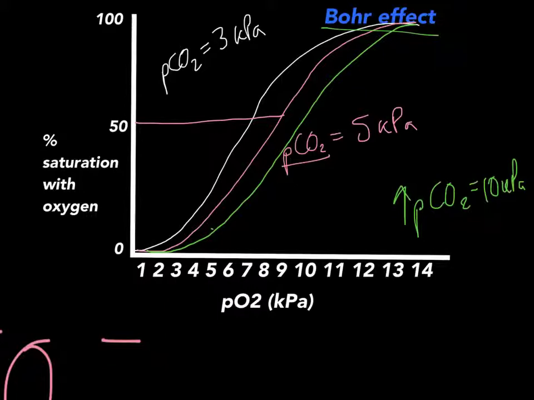The increased carbon dioxide concentration is telling our red blood cells, look, we've got respiring cells that need oxygen. So in order to maintain aerobic respiration, when we've got an increased level of carbon dioxide within the blood, it's really important that the red blood cells release that oxygen and dissociate it to the respiring cells.